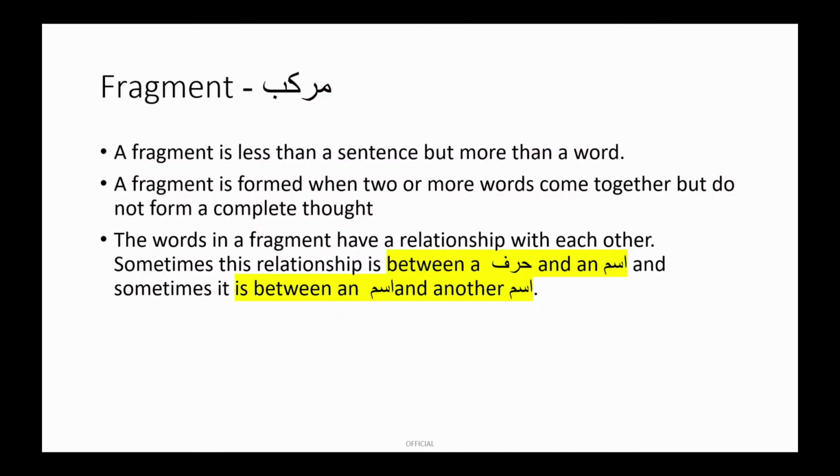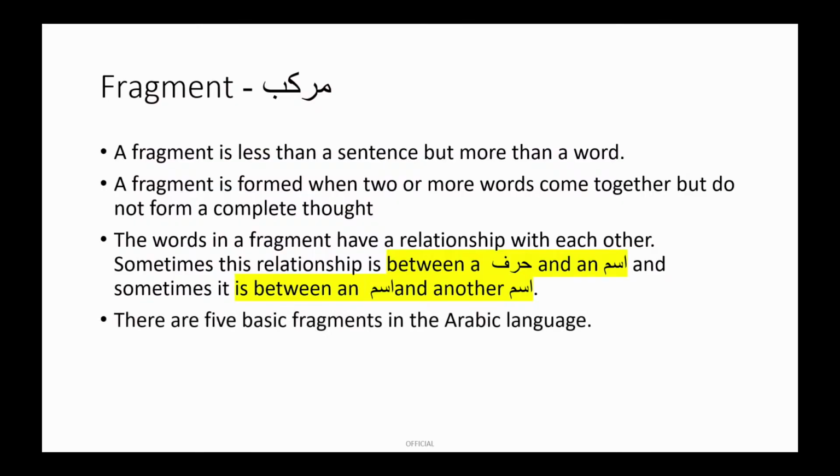In our first few sessions we touched upon the details that the words in Arabic are ism, harf and fi'l. So now we are saying that fragments can be a combination of harf and ism, or ism and ism. There are total 5 types of fragments in Arabic language, and we will go through them in a while, inshallah.